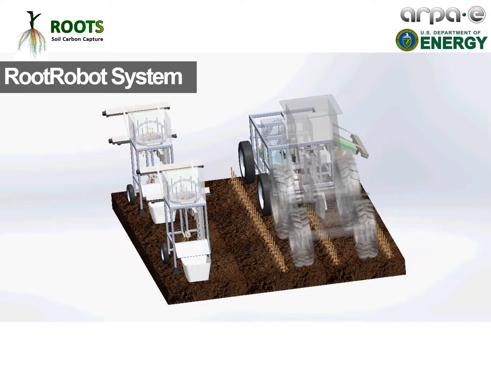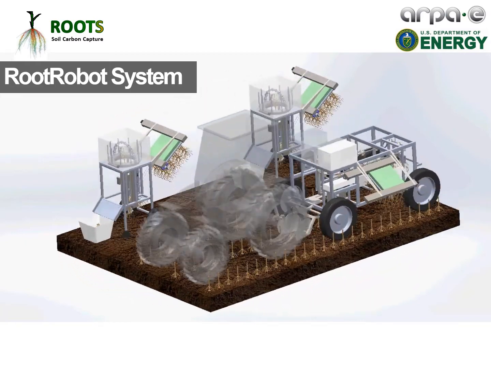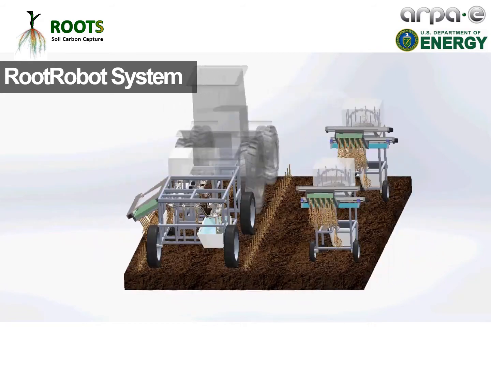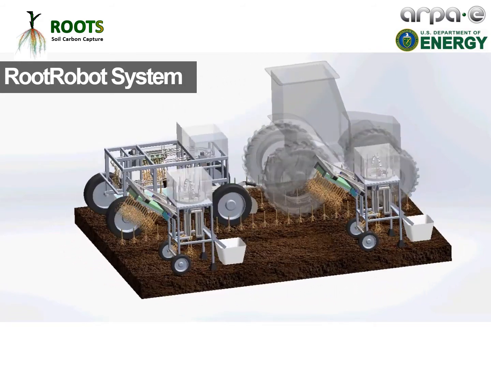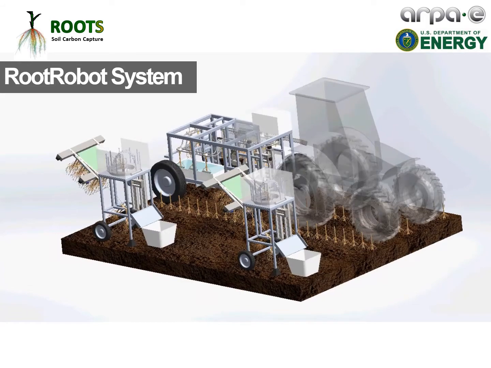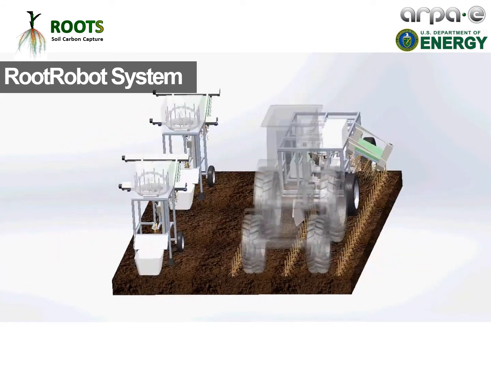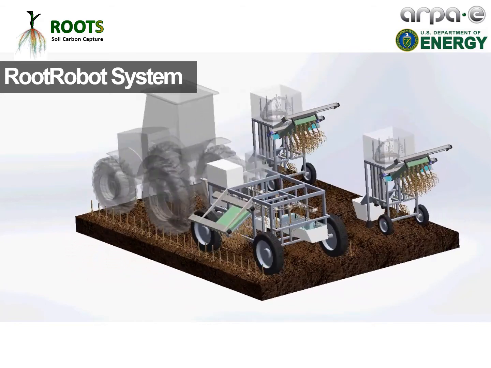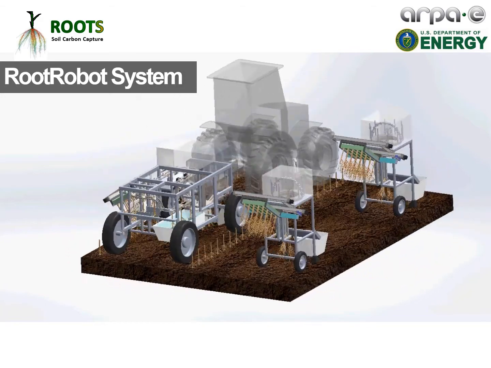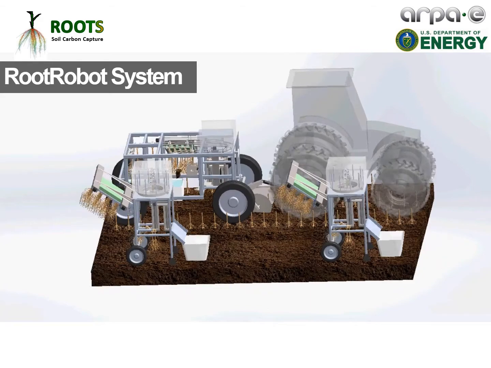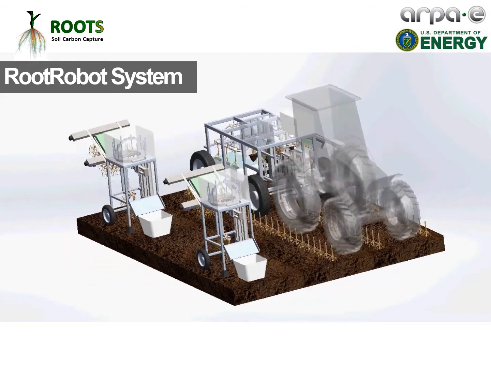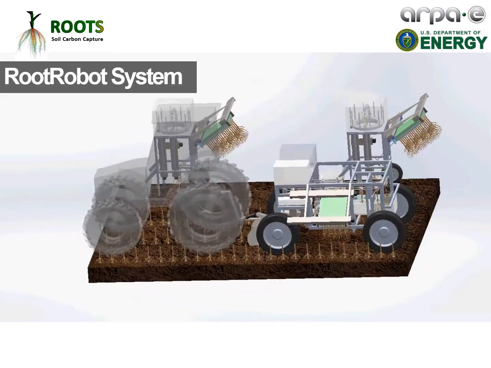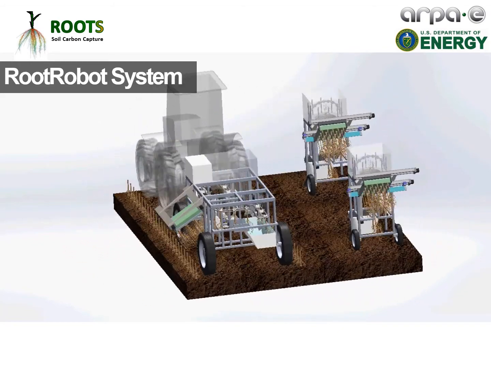So this involves a large degree of clever engineering, which is led by Paul Heinemann's team at Penn State, in which they have developed ways to remove the stalks and root systems from the soil and then wash and prepare them to be imaged in associated imaging pods.